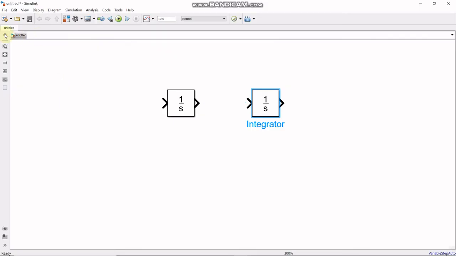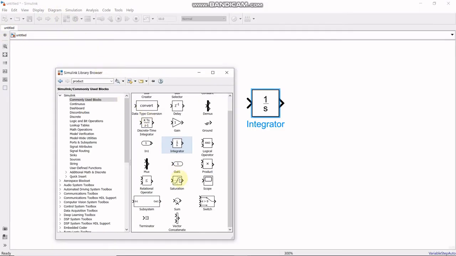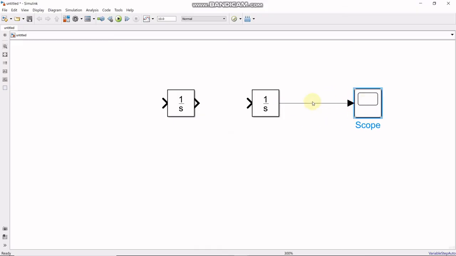So we need our scope to display our value of x in that scope here. So let me just annotate this. So you have x here. And you have x prime here.